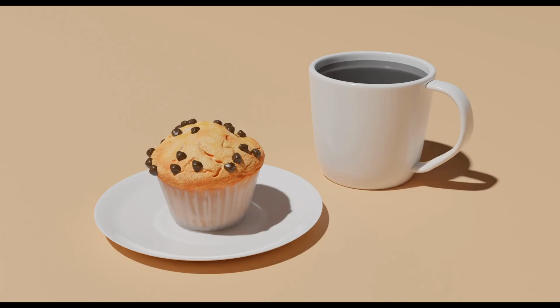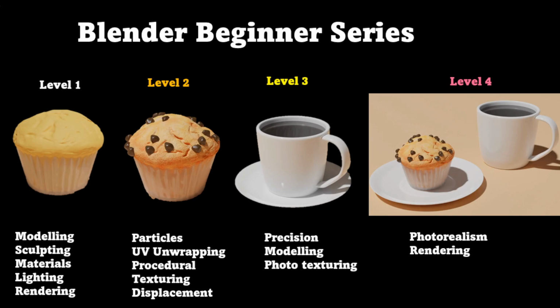Hello and welcome to this muffin making Blender beginner tutorial, where we are going to model the muffin as in part 1 of this series. The Blender beginner series tutorial is divided into 4 major parts.